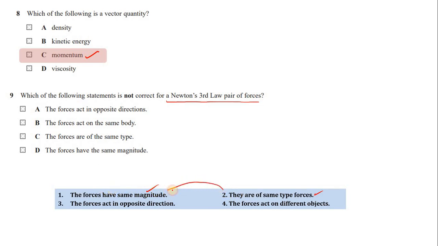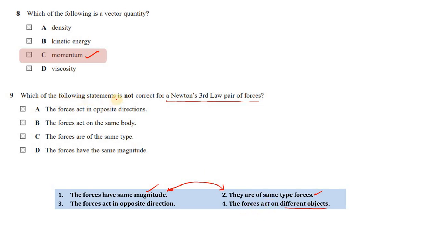So forces should be similar in these two ways: they should have the same magnitude, and they should be the same type of force. And the forces must act in opposite directions, and the forces must act on different objects. If I'm able to make some video, then I will give you the complete detail. So the first 2 points are called similarities. The next 2 points are called differences between the Newton's third law pair.